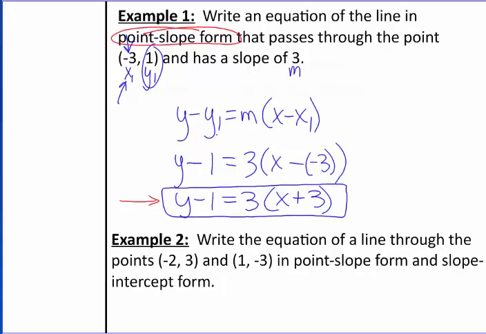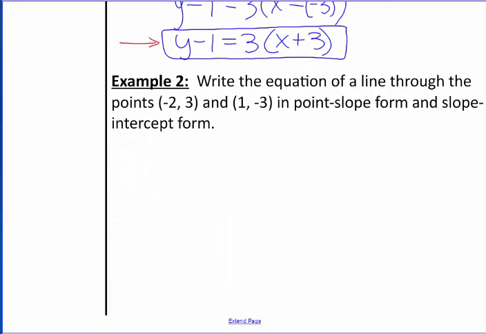Next example, we're going to write the equation of a line through the points (-2, 3) and (1, -3) in point-slope form and slope-intercept form. So we're going to start looking at the two different formats. Now remember what we need for point-slope form.